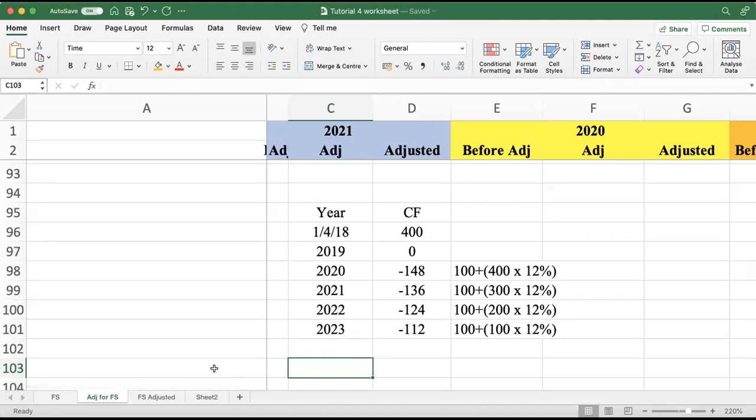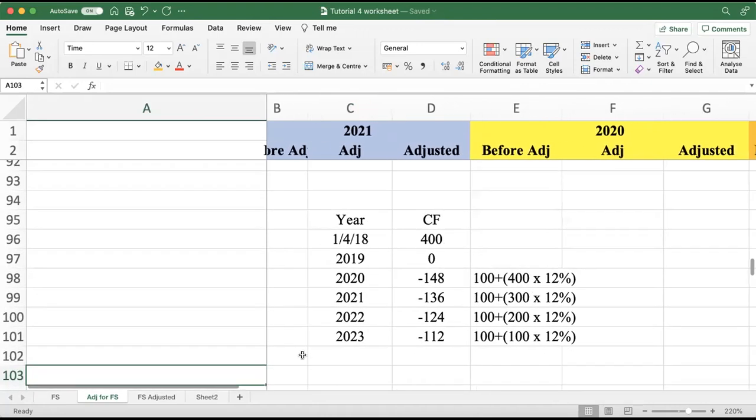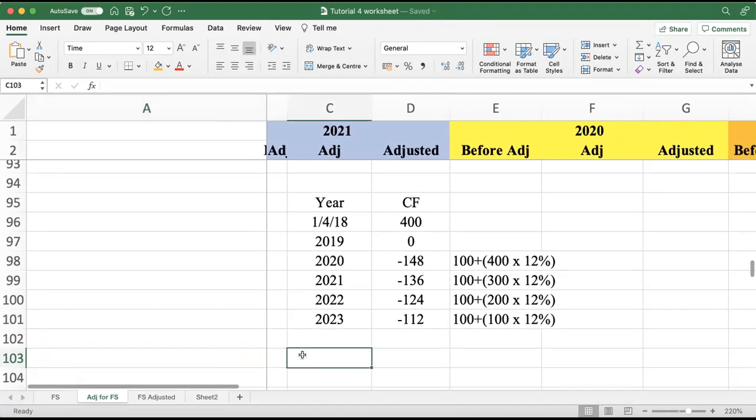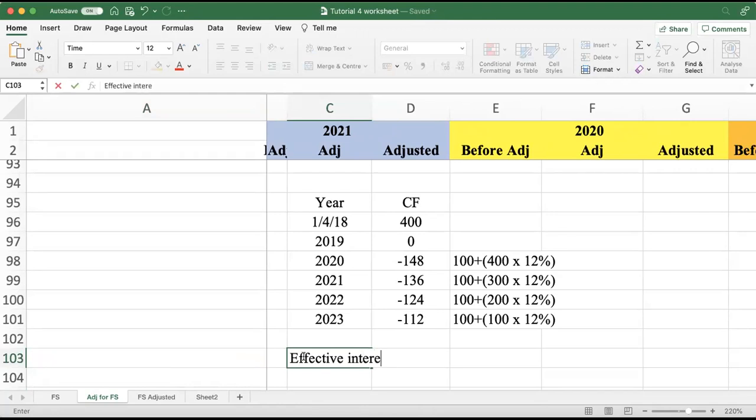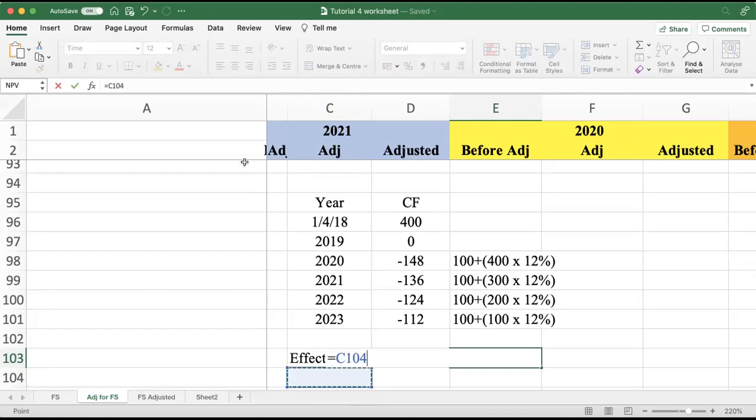Now you can calculate the effective interest rate. You can apply the IRR function.